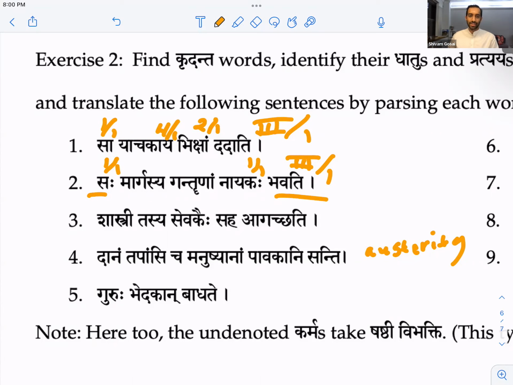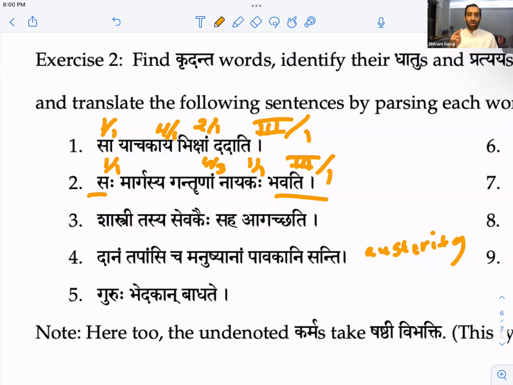Gantrunam Margasya. Okay, Gantrunam. Now, Gantrunam is also a derived word. Gam dhatu plus trich, we got Gantru. And then 6-3 of Gantru is Gantrunam. So I don't even need to know vocabulary now, because I know gam and I know tru.